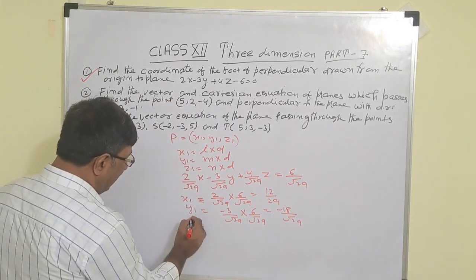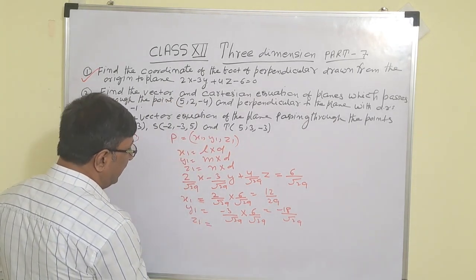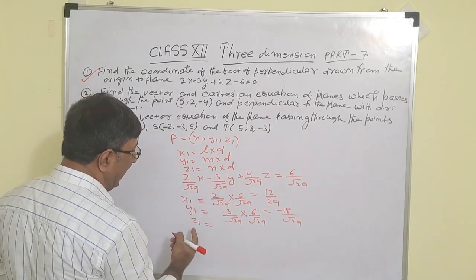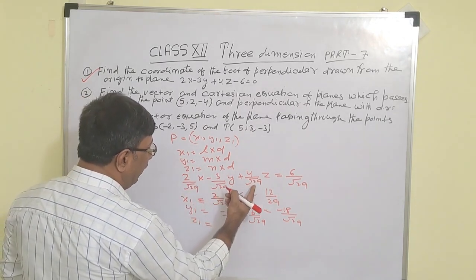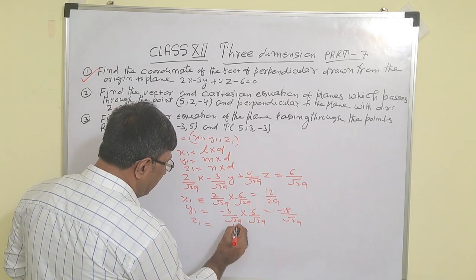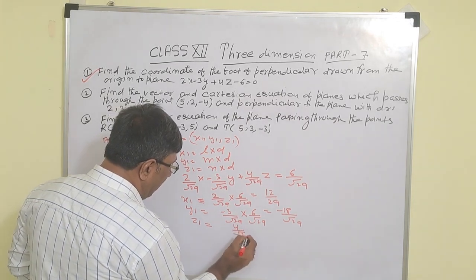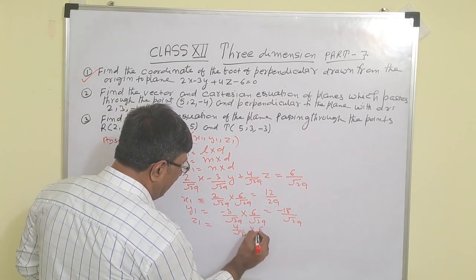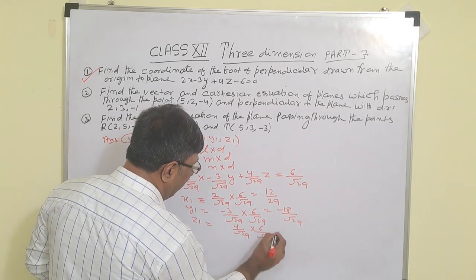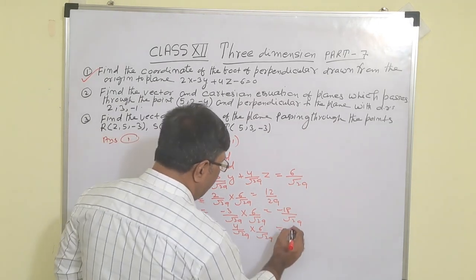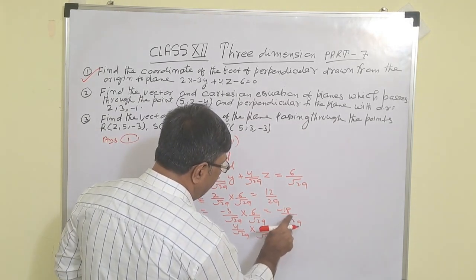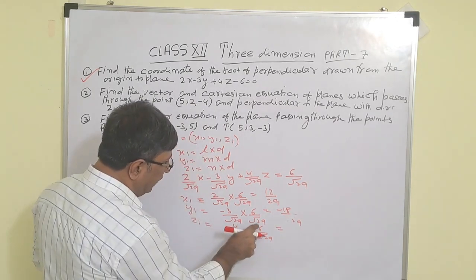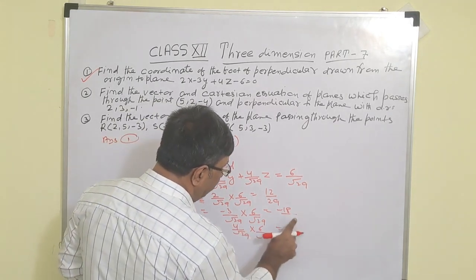In the same way, z1 equal to N into D. N is given as 4 by root 29. So this is 4 upon root 29 into 6 upon root 29. Root 29 into root 29 is only 29.